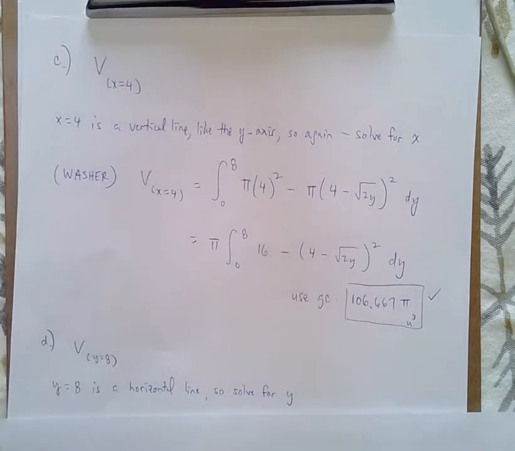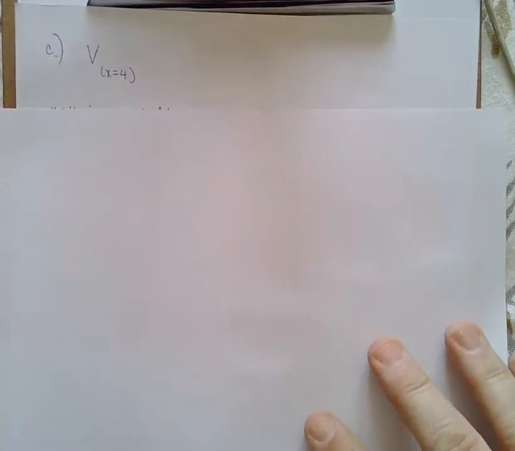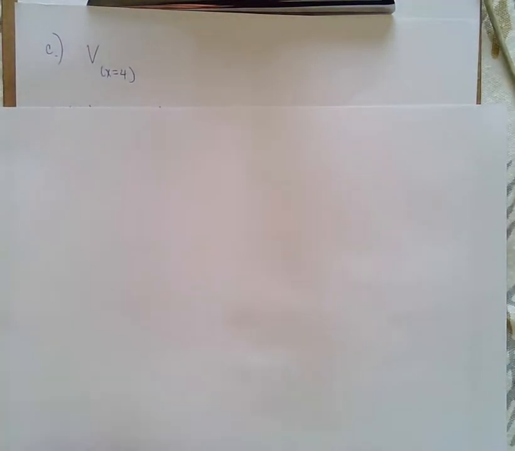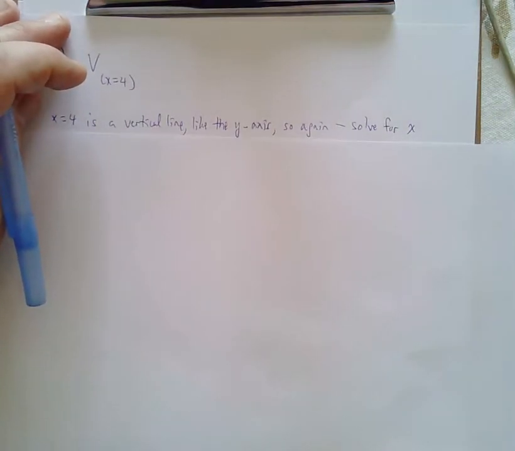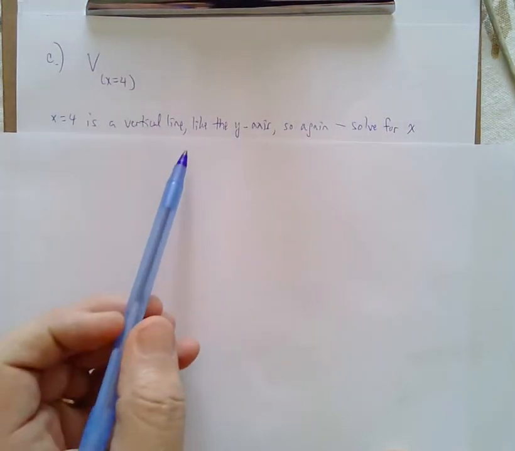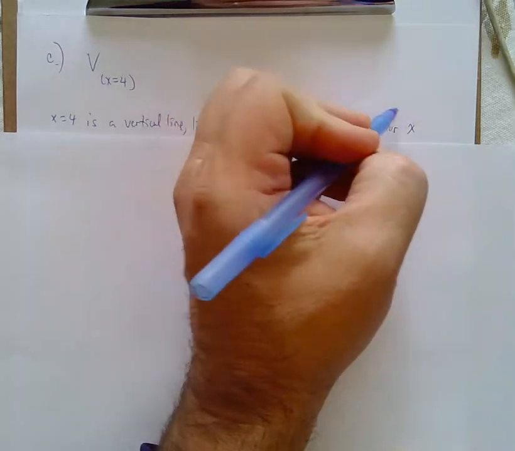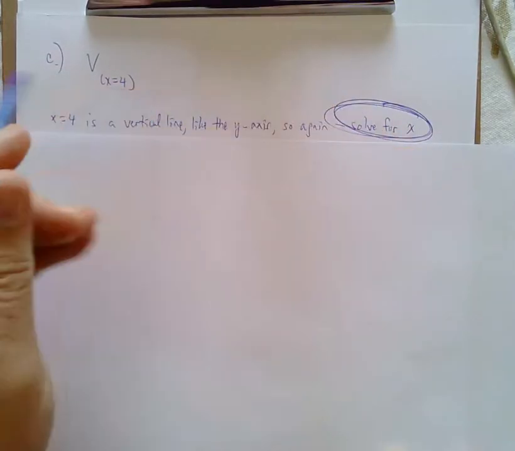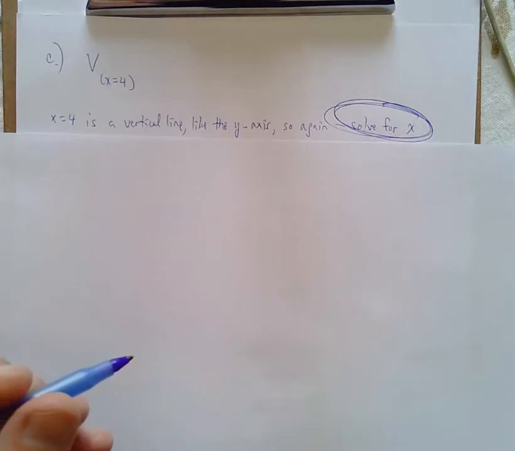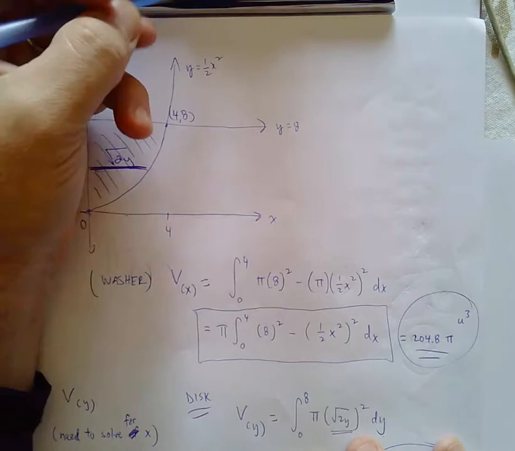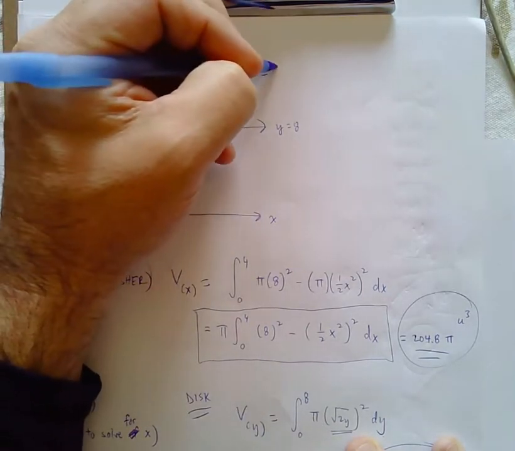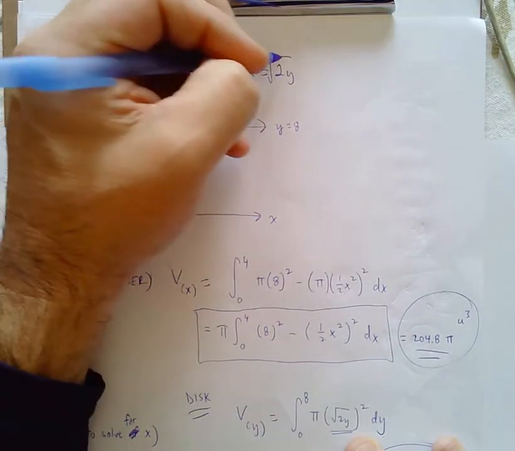The third question is the volume around the line x equals 4. Now, again, x equals 4 is a vertical line, like the y-axis, so again, you have to solve for x. So going back to the original picture, I have to solve for x here. So from the previous problem, x equals radical 2y.